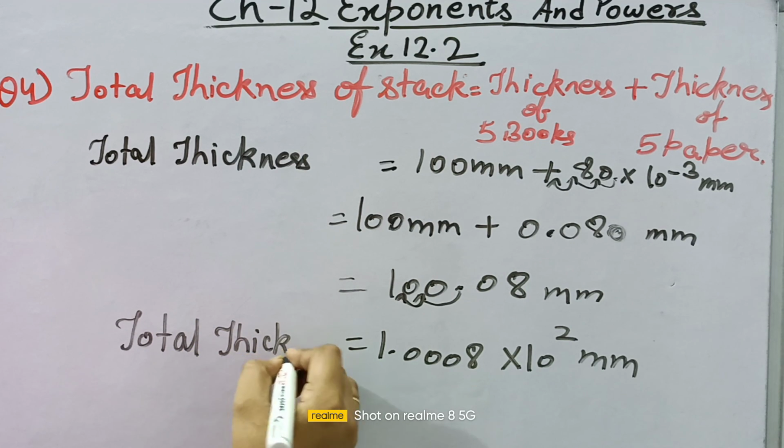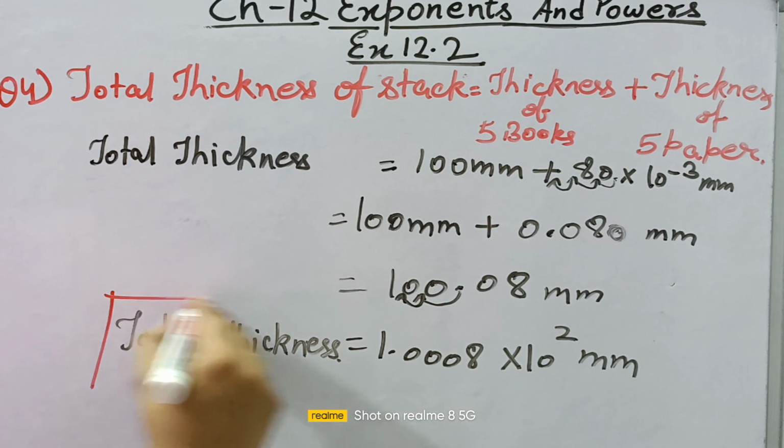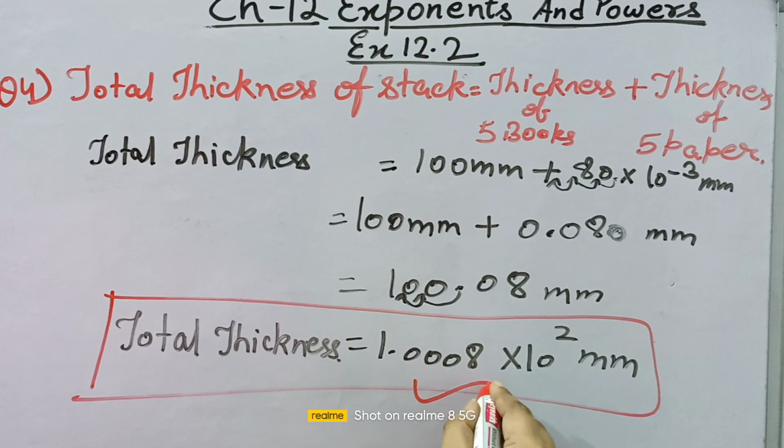Now since we are studying chapter of exponents and power, so we have to give all our answers in terms of exponents. That is why this will become our answer for the thickness of stack. I hope all the questions are clear to you. Now try the parts of question number 1, 2 and 3 yourself.